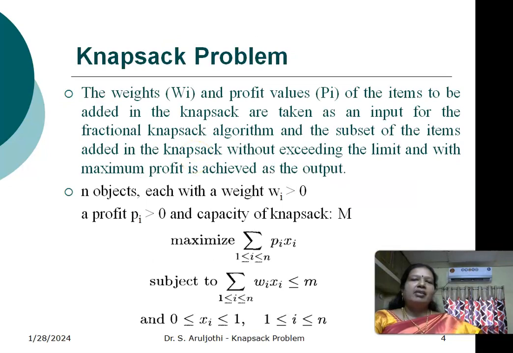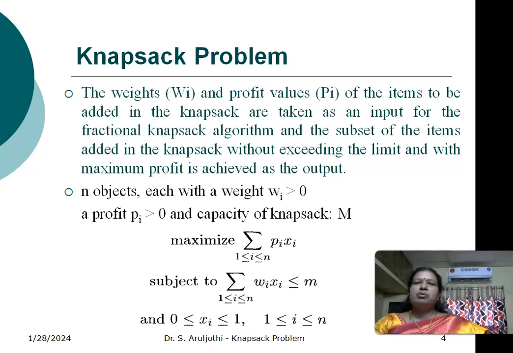Here n refers to the number of objects, w is the weight, p indicates the profit, m is the maximum capacity of the sack, and x is the fractional value of the objects that is going to be filled. Usually x varies from 0 to 1, and mostly its value is 1 or a fractional value.